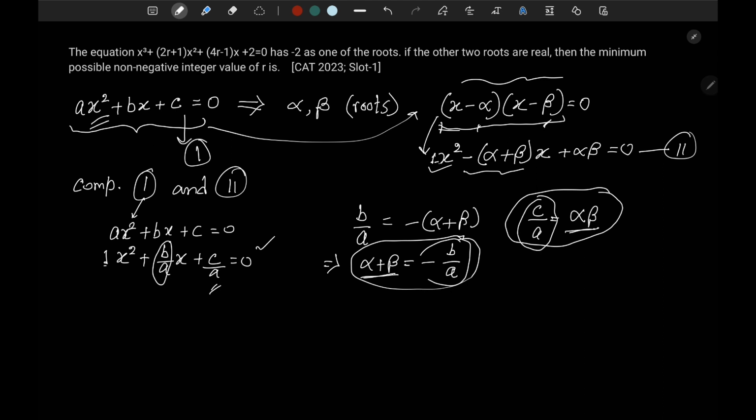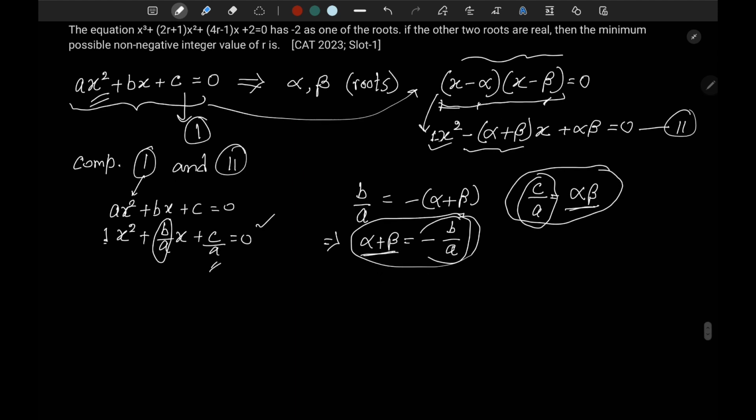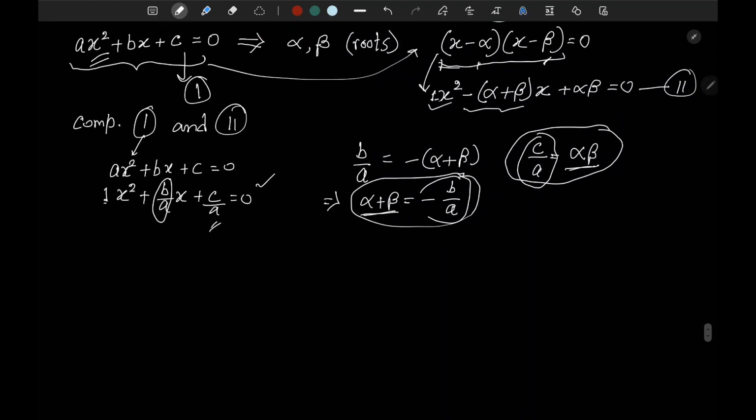Okay, now let us also see how we derive the value of x, or the root of x, from an equation given in this form. So let us have this one.